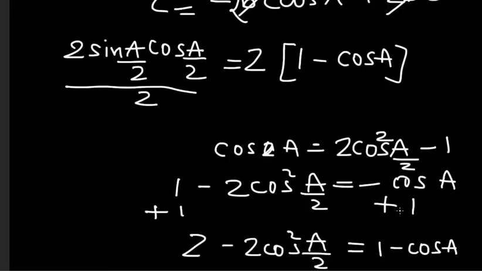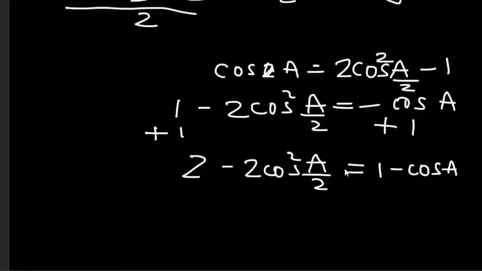I think we can further simplify the left hand side. If I just take 2 common, we get 1 minus cos square A by 2, and I'm sure this is the most fundamental property of trigonometry, that sine square of any angle plus cos square of the same angle is equal to 1. So 1 minus cos square A by 2 is equal to sine square A by 2.